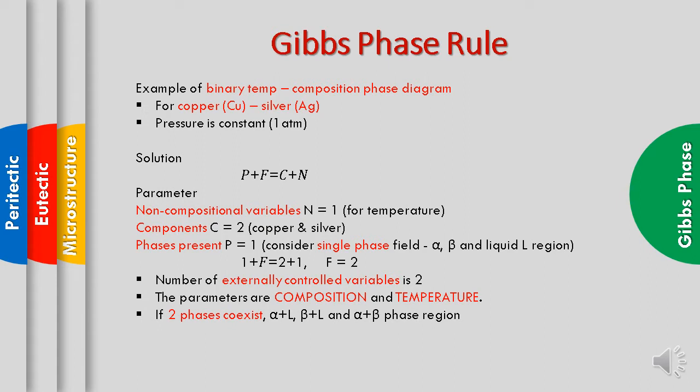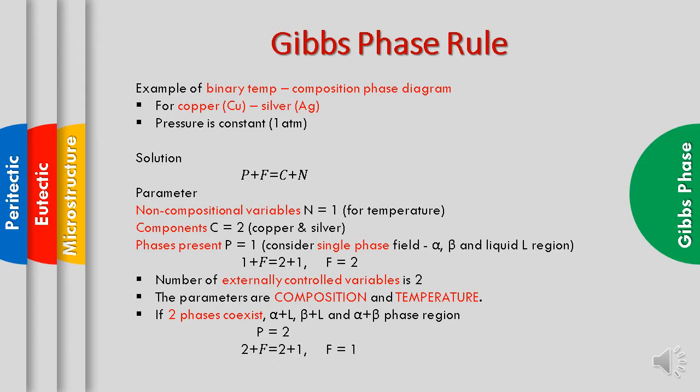If we have two phases coexisting, let's say we have alpha plus liquid, beta plus liquid, and a combination of the alpha plus beta phase region, then P is equal to 2. So that means we can get the value of F equal to 1.